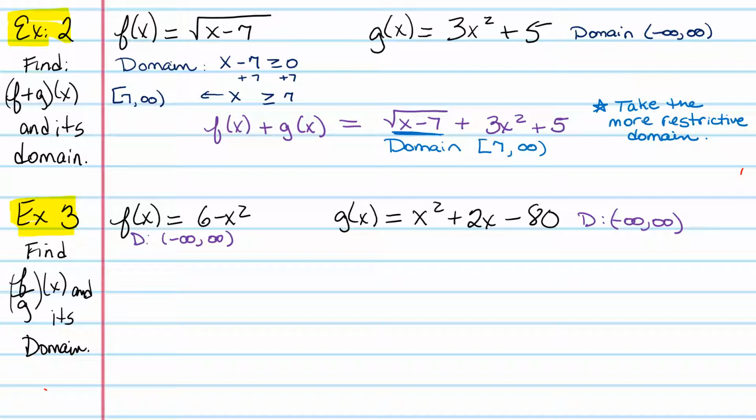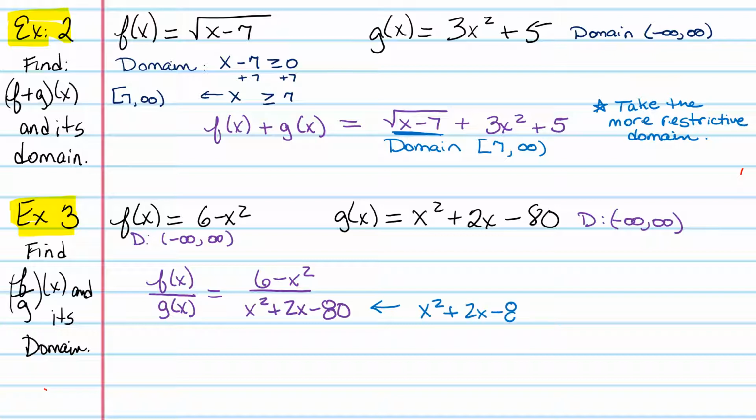We will be doing f of x divided by g of x, and that's going to give me 6 minus x squared over x squared plus 2x minus 80. Now this one has a domain restriction because of the fact of the denominator. The denominator cannot be equal to 0. So we're going to solve this out for 0.